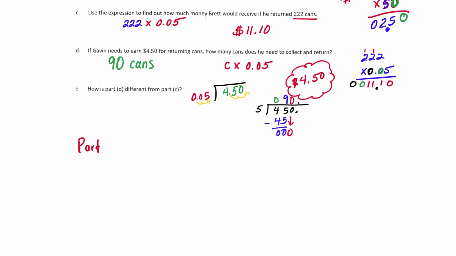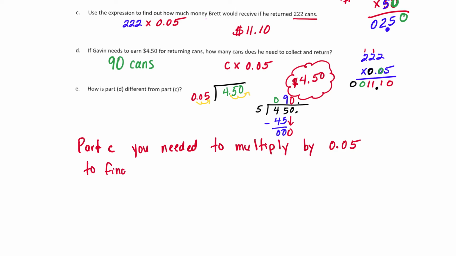Part C, you needed to multiply by, I'm going to say the 5 hundredths to find the amount of money.